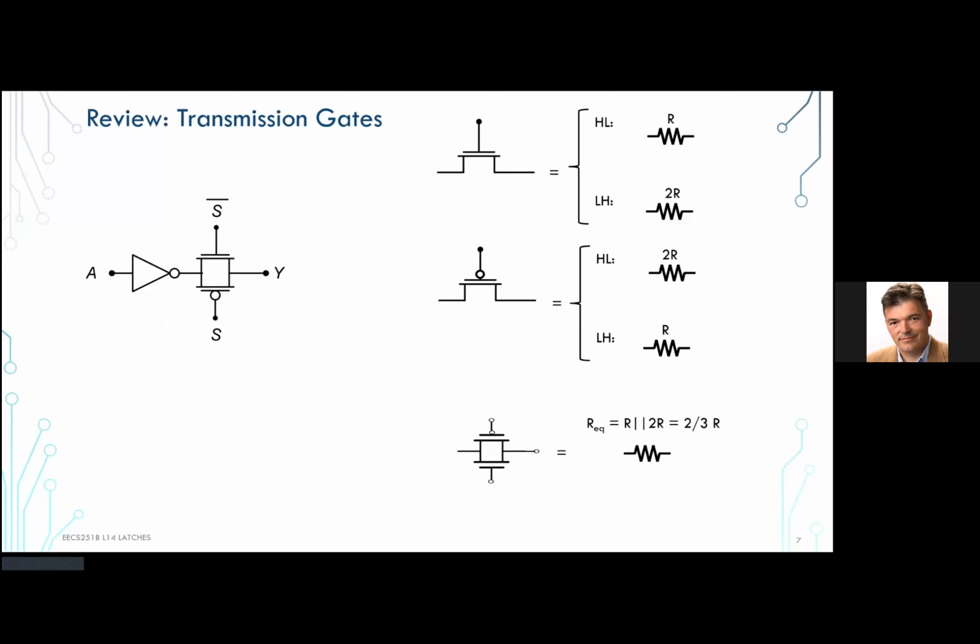The equivalent resistance is R in parallel with 2R, which is about 2/3 of an R. Exactly 2/3 of an R, but because of my arbitrary assignment of what is LH in NMOS or HL in PMOS resistance, I get about 2/3.